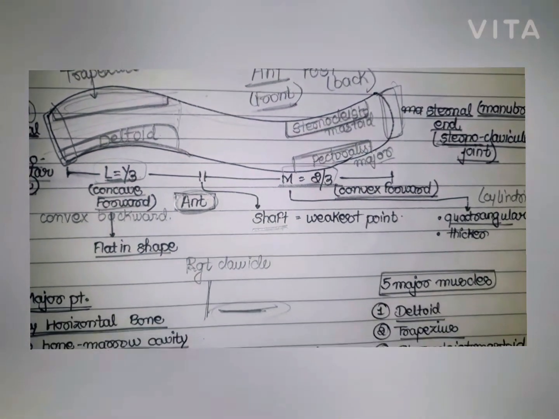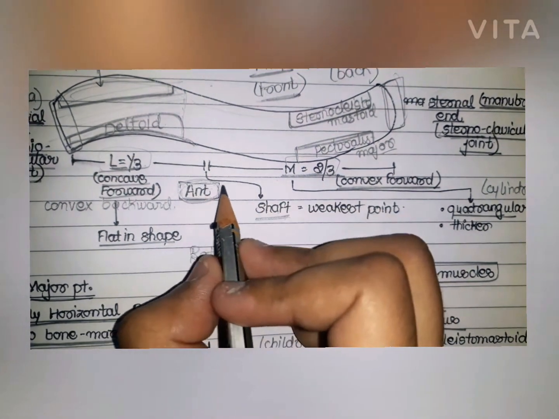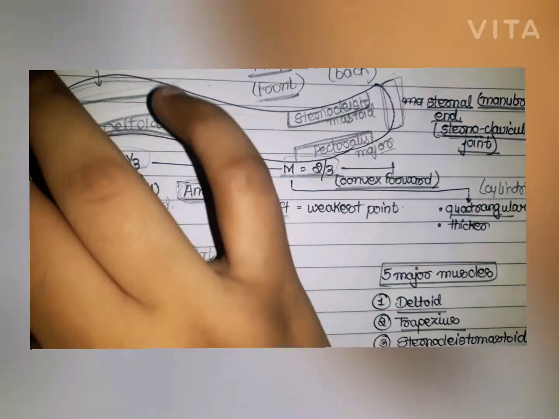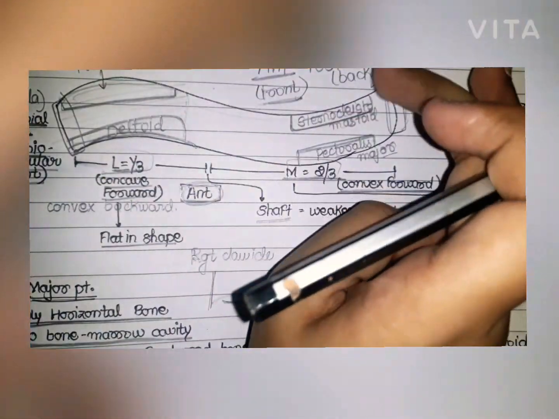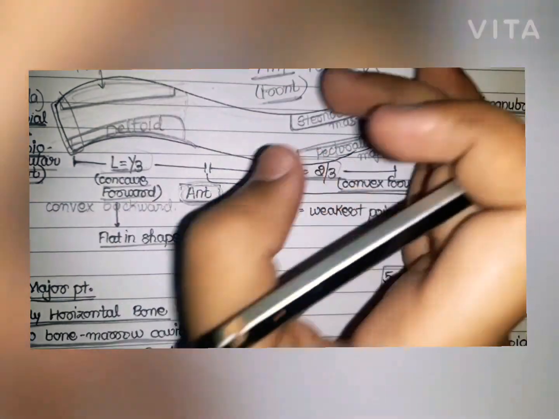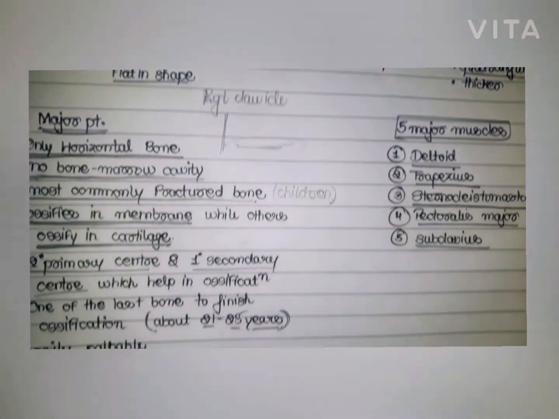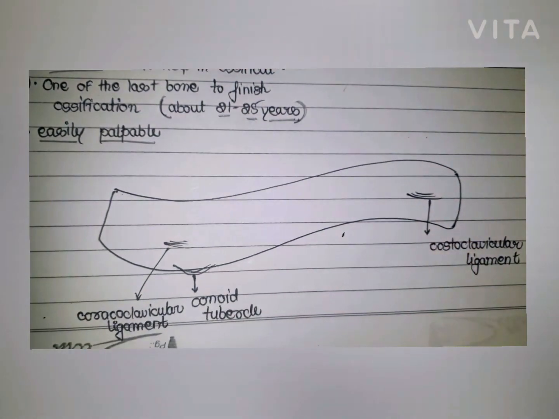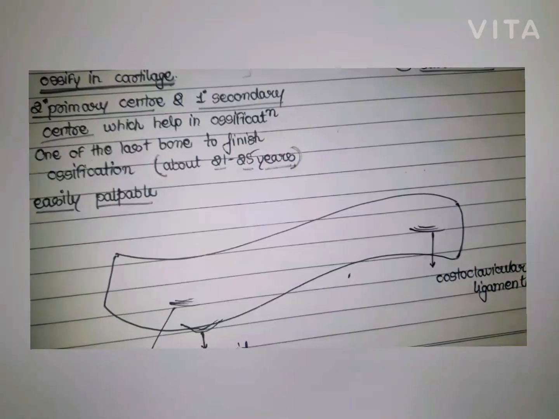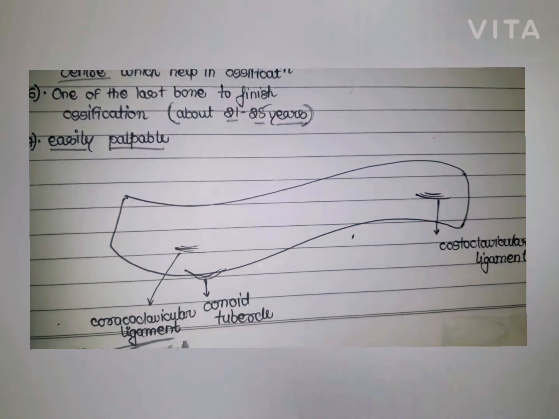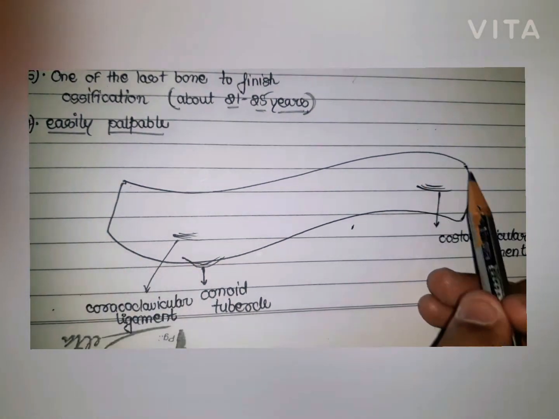Let's see where this muscle is present. I have already told you that it is the anterior portion. Anterior. If you see your clavicle bone in the front, from the face side, then it will show like this. Now in the second case, when you see your clavicle bone from the posterior side, then it will show like this.